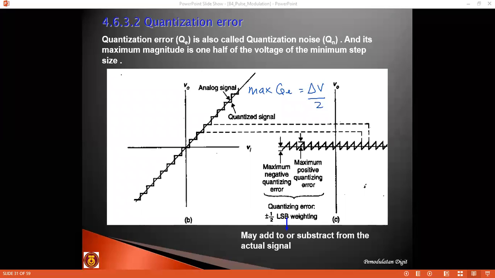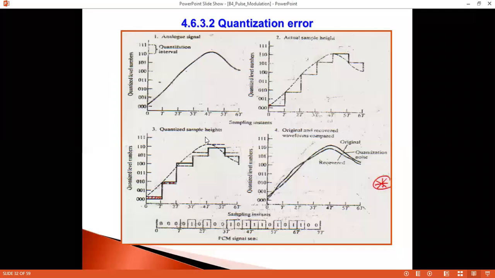Let's move to the next. So this slide illustrates the effects of quantization error in our signal. Okay, so this is our original information signal, which as you can see is analog. Okay, and then we sample our signals. So we just take values at specific intervals at t, 2t, 3t, 4t, and so on.